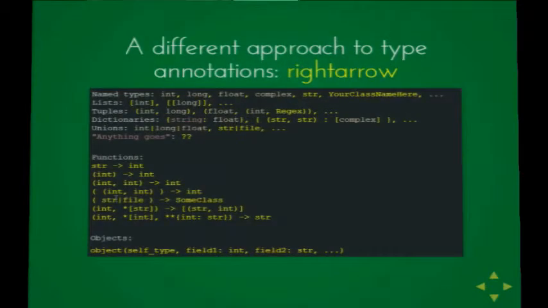And I also want to show another approach to this, which is this interesting library called rightarrow, which basically defines something like a small language just to define types. So instead of using explicit types as annotations, as I've been doing, because remember, annotations can be any kind of object, this uses just strings. And these strings represent different kinds of types. So you can just have named types or regular types like integer or long or float or complex or a class name.